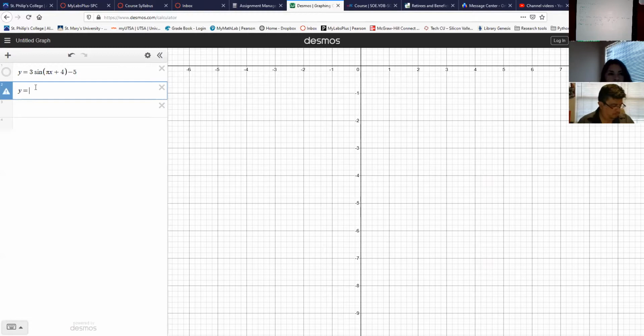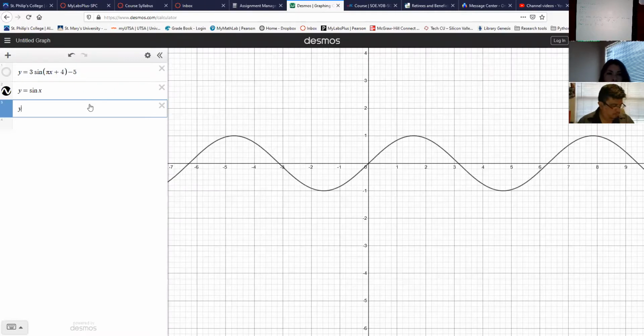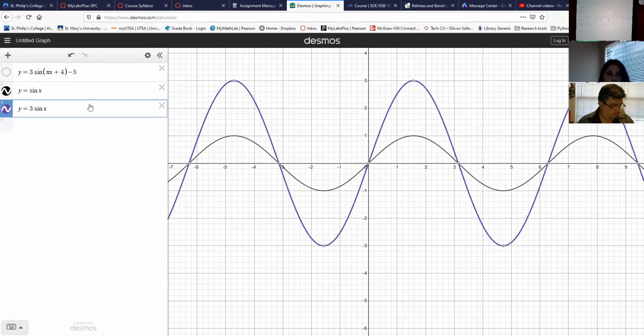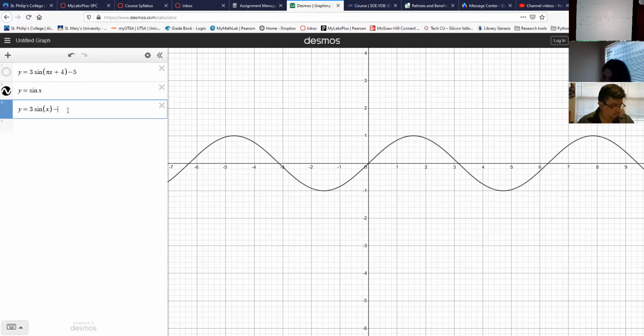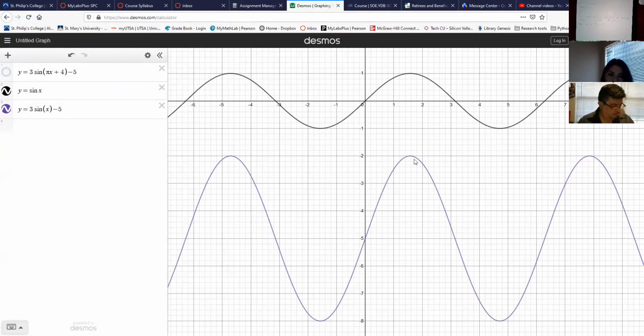What do all these pieces do? So here's the original, right? We said if we put a 3 in front, it triples the amplitude, right? This has a 3. Now, if we do a -5 outside, we said it's going to shift it down. So here's the original. This has been scaled by 3, the amplitude, and shifted down by 5.